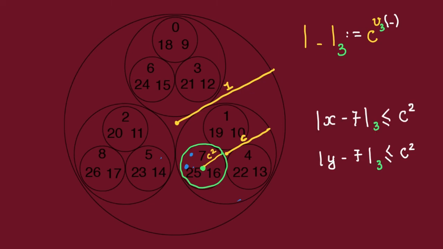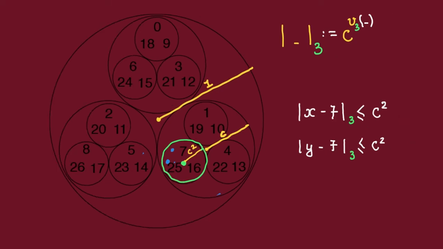Let's say x and y are 2 points inside this disk. That means that the three-adic distance from x to 7 is less than or equal to c squared, and so is the three-adic distance from y to 7. In terms of valuation, this means that the three-adic valuations of x minus 7 and y minus 7 are going to be greater than or equal to 2.